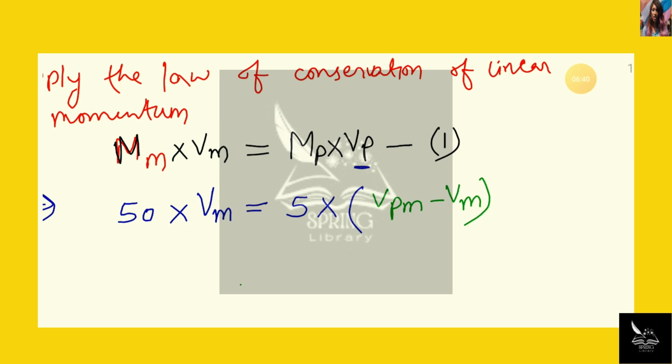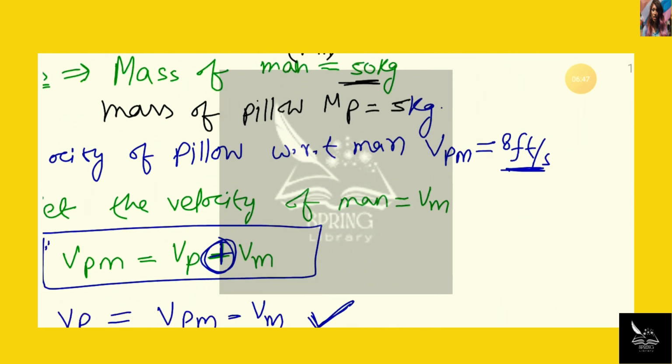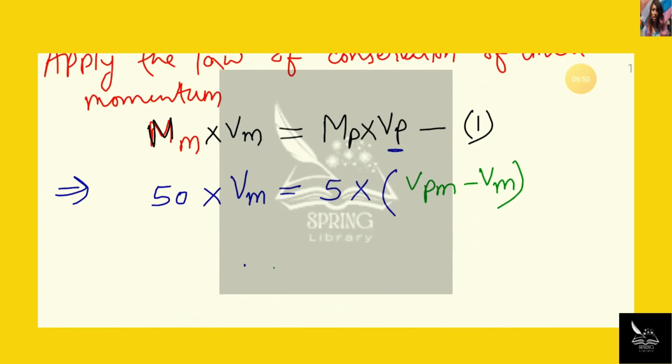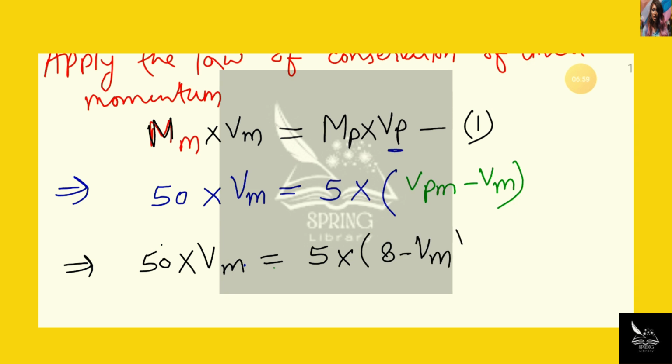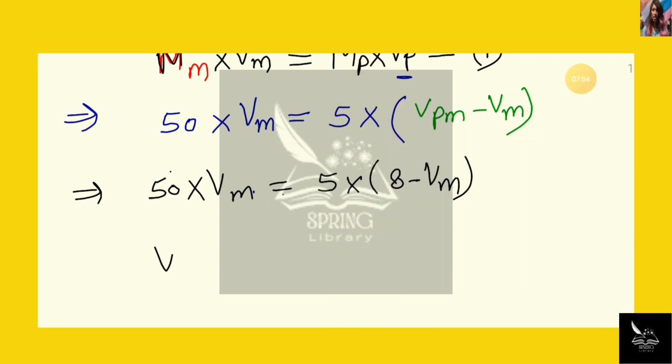Putting the value of vpm, 8 feet per second, we get 50 multiplied by Vm is equal to 5 multiplied by (8 minus Vm). Simplifying, the velocity of the man is Vm equal to 8 over 11, numerically 0.727 feet per second.